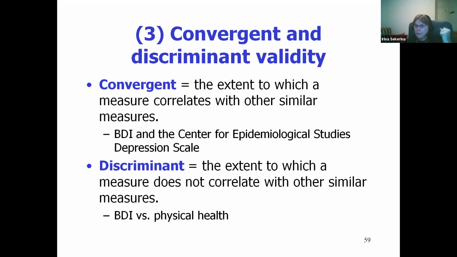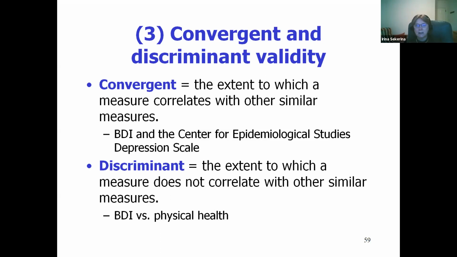If both of these people have created good assessments, what's going to happen when the same patient is measured by both of these instruments? Well, they should correlate, right? The higher the score is on one, the higher the score is on the other, giving us convergent, coming together, convergent validity. Both tests claim to measure depression, and they do. And that's what you want.